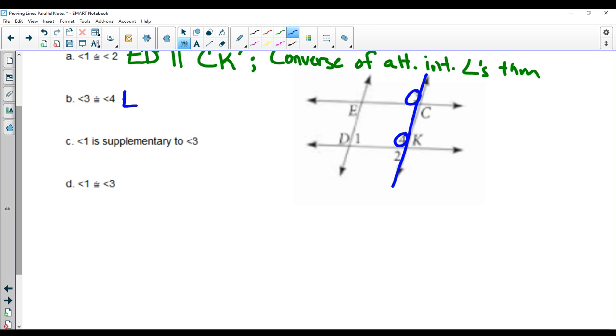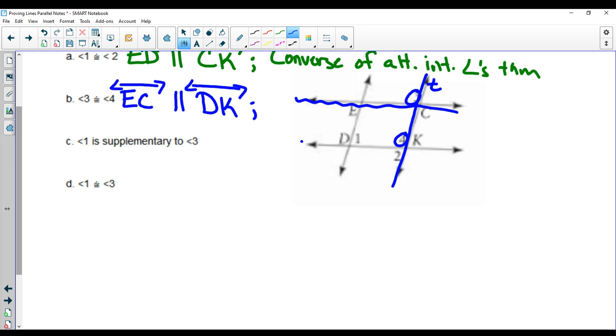So we're going to say line EC is parallel to line DK. Okay? If this is our transversal, then our parallel lines have to be those two.